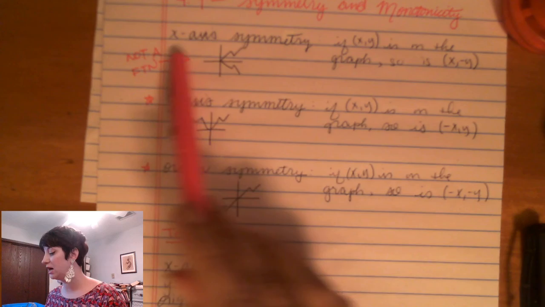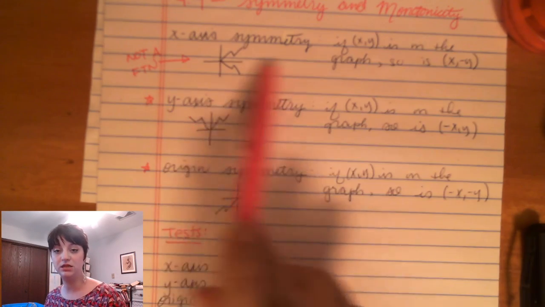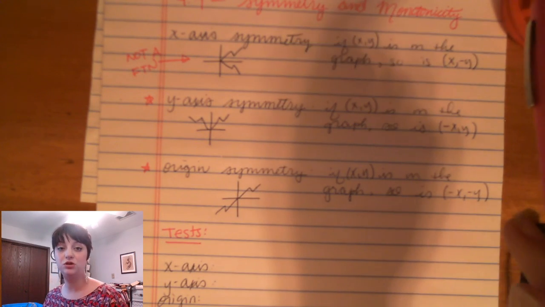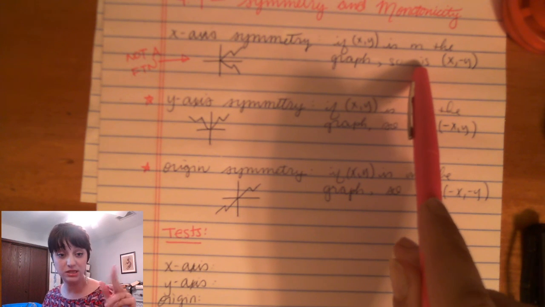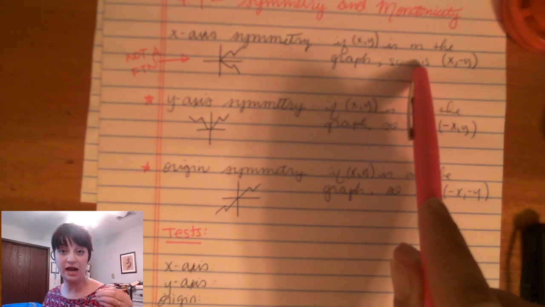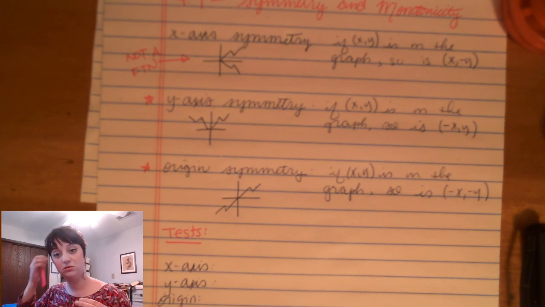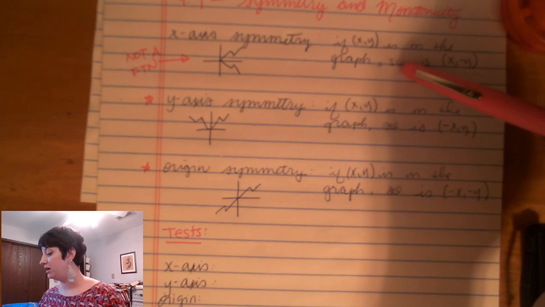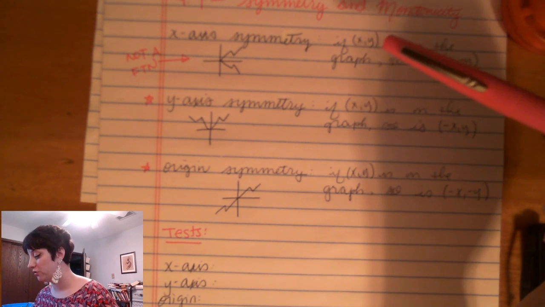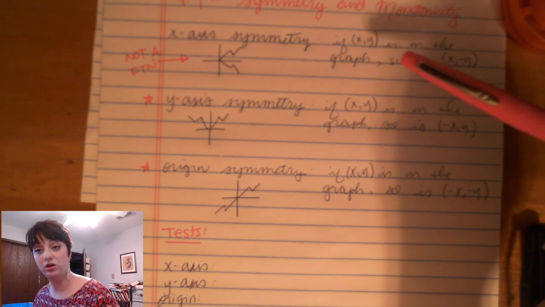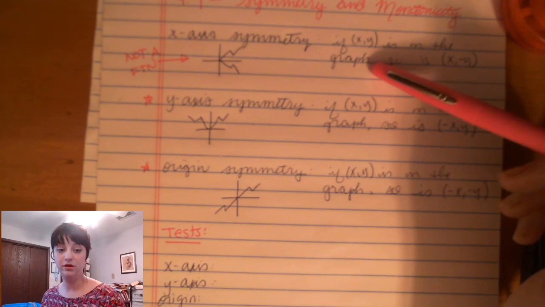So these guys aren't functions. This class is going to be interested in functions. So this comes up in the symmetry test, but in terms of actually caring about it for the rest of the semester or in other classes, this thing doesn't really come up very often.